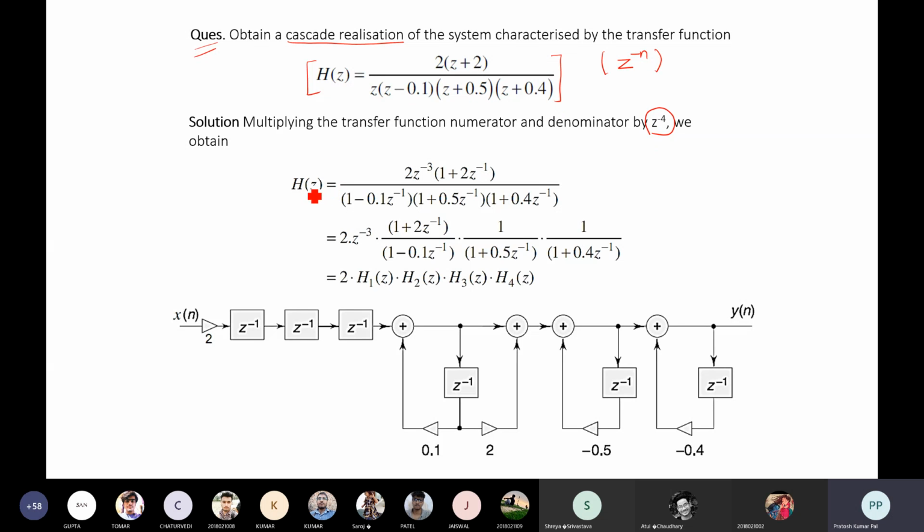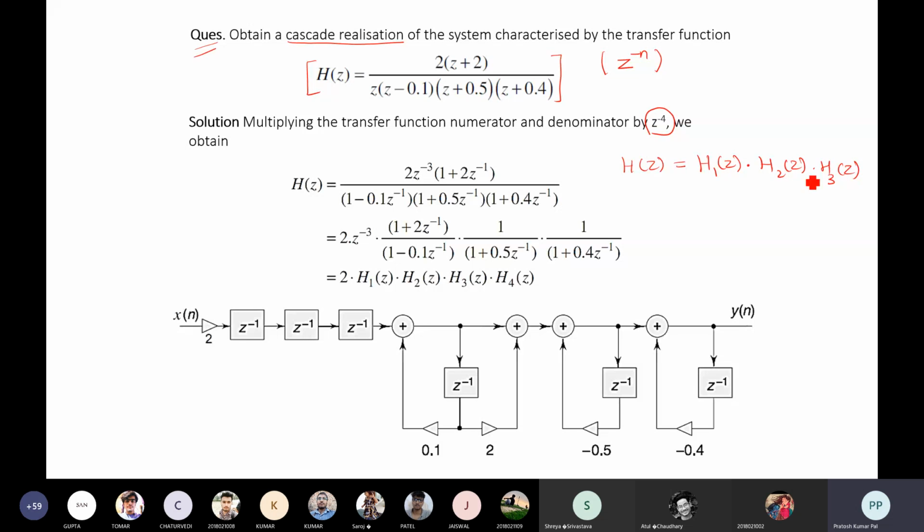After multiplying, we see H of z equals 2z to the power minus 3 into 1 plus 2z inverse, and the same for the other terms, so we get a similar function. In case of cascade form, whatever H of z is there, we make it the multiplication of different transfer functions, like H1(z), H2(z), and H3(z).